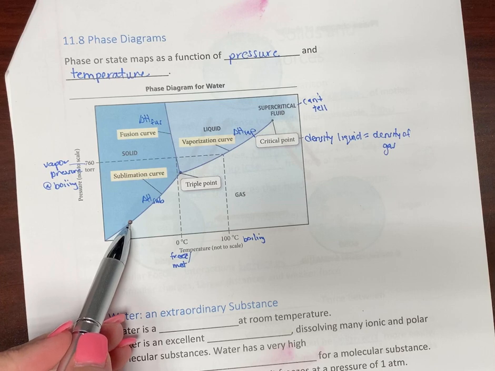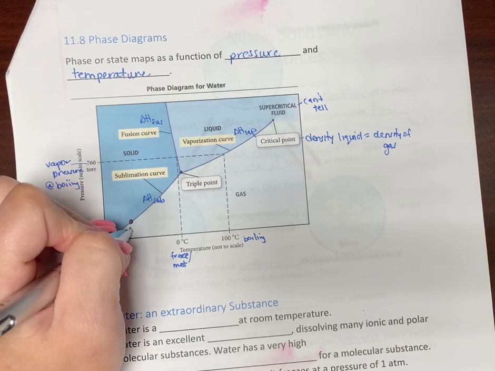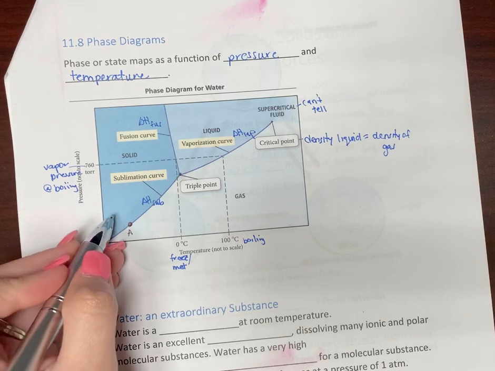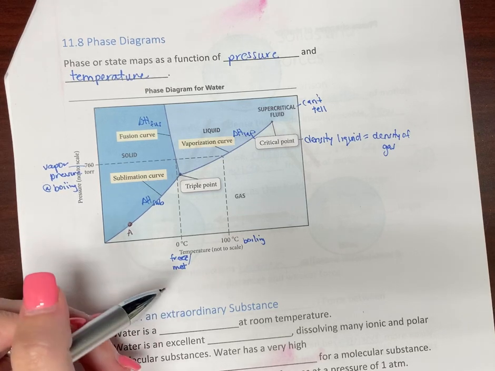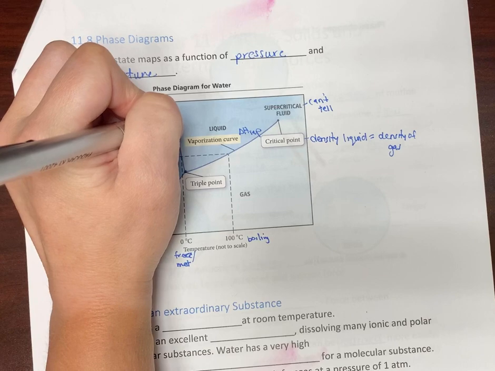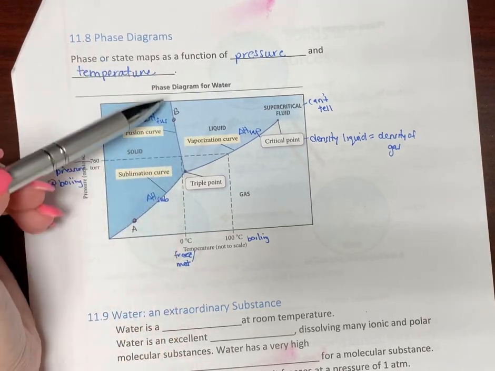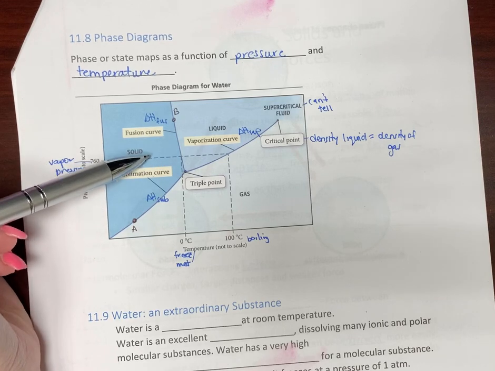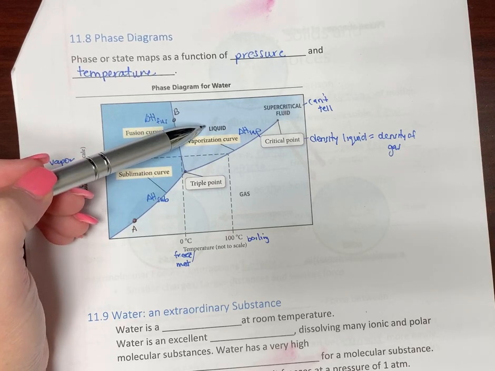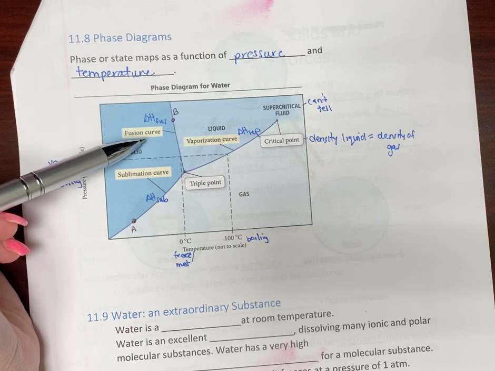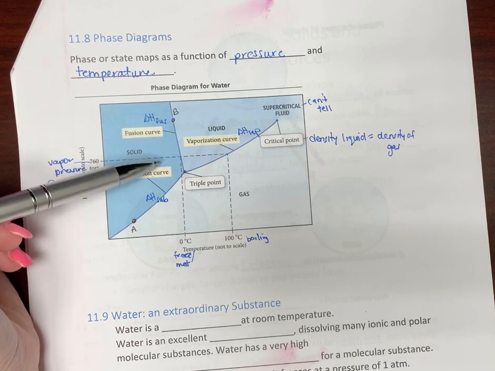And it would say what phases are present at point A. And you would say, well, that would be a solid and a gas. Or it might say, what process is occurring at point B. So you go, oh, we're going from solid to liquid. So that would be freezing and melting.